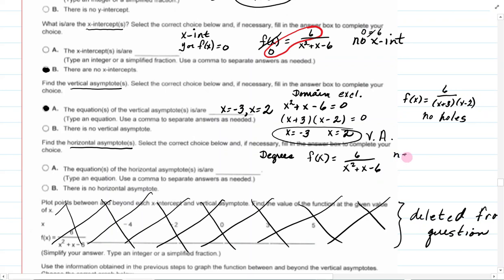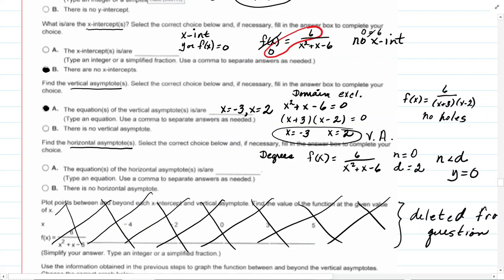Little n is the degree of the top. The degree of a constant is 0. Little d, that's what I call the degree of the bottom. I think your textbook calls it letter m, but the degree of this is 2. Since n is less than d, the horizontal asymptote is y equals 0.